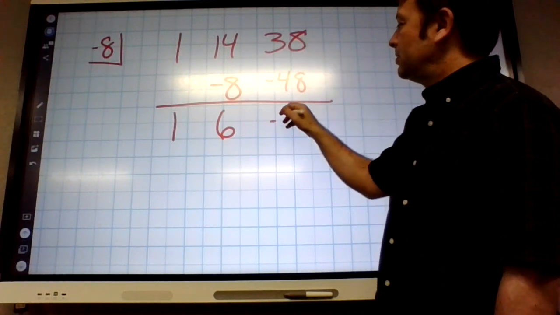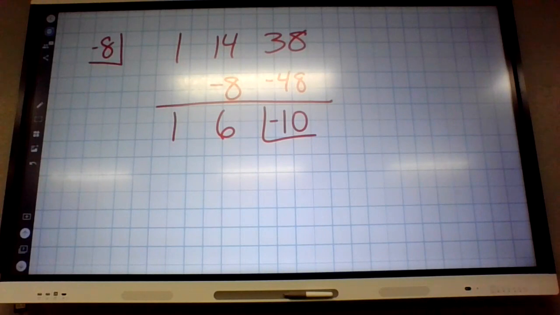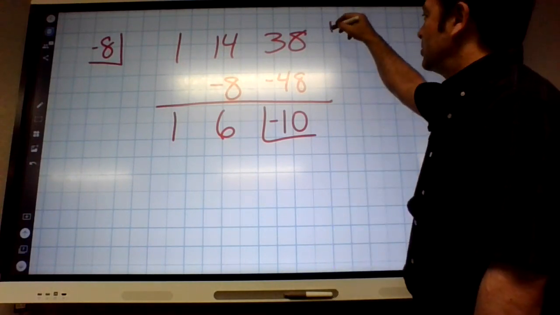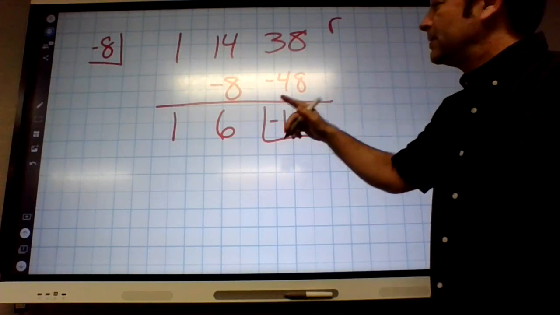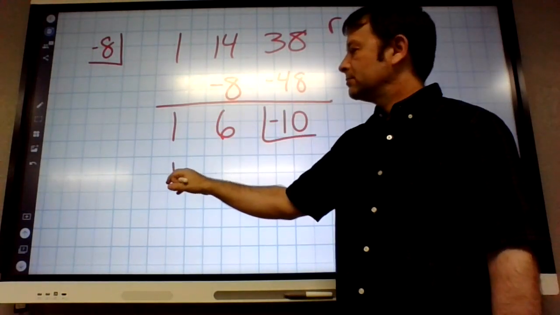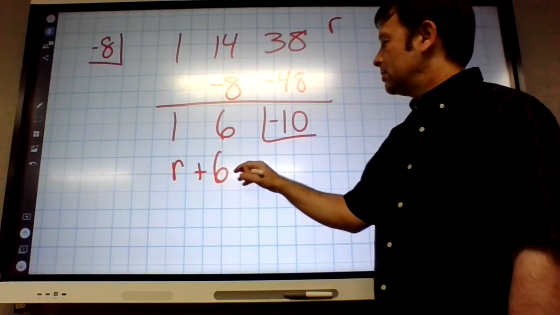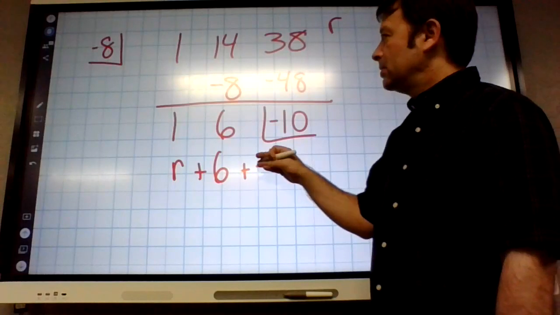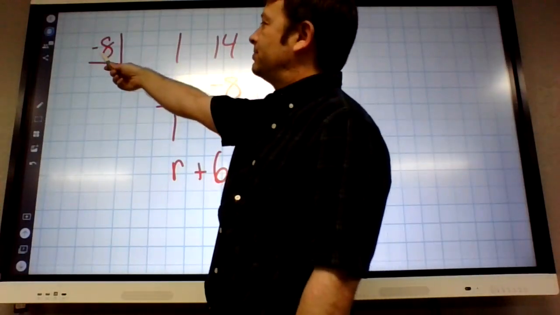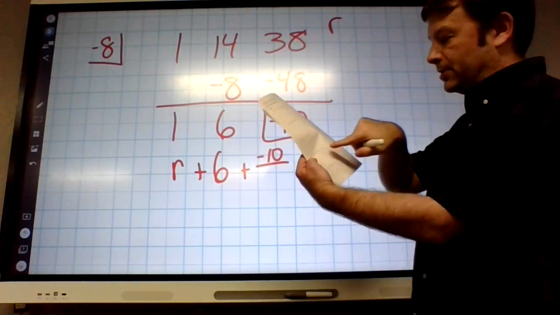Adding down, the last number is the remainder. And on 7, these are the coefficients. So what does this stand for? The divisor is n plus 8, since that's -8.